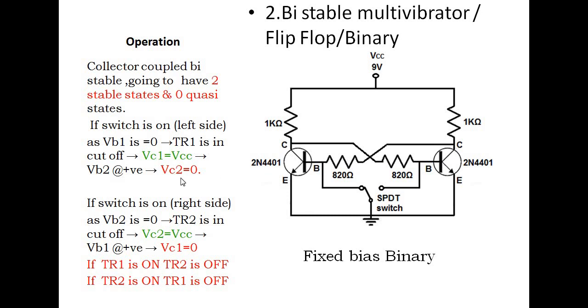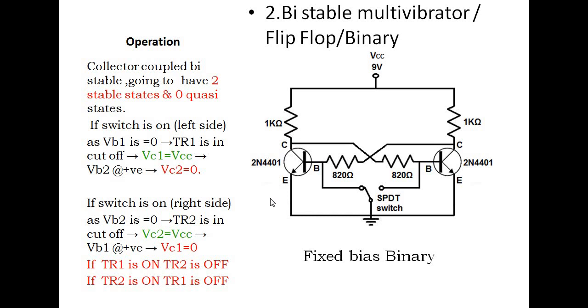That is what is written here. The first transistor, the left hand side transistor TR1, is in cutoff, that's why VC1 is VCC. If it is in cutoff, some positive voltage will be passed to the right hand side transistor, TR2. So the output is going to be 0.